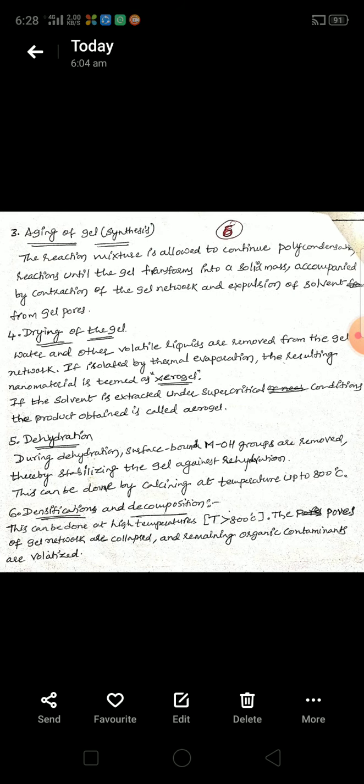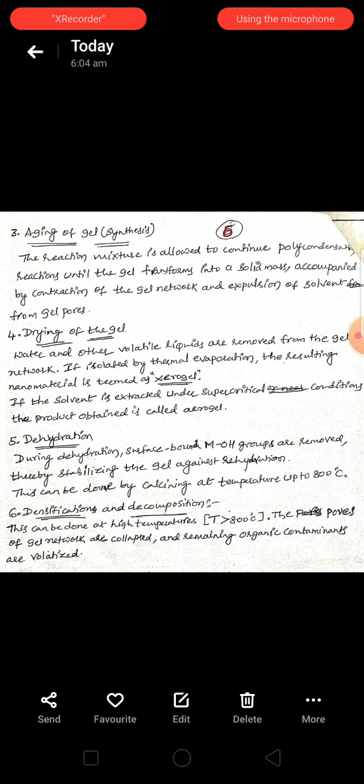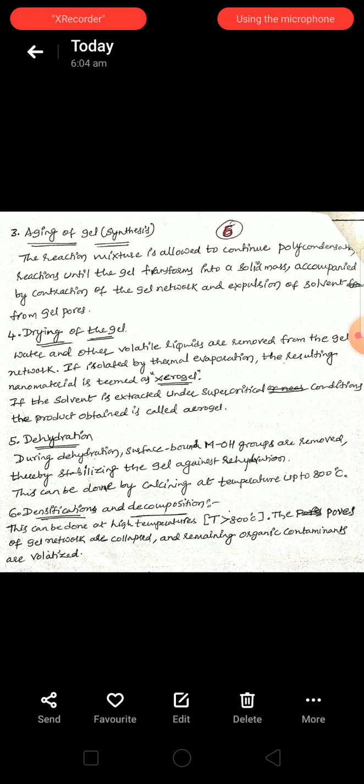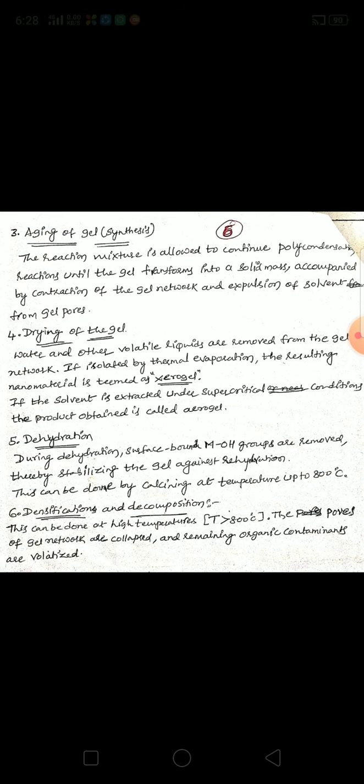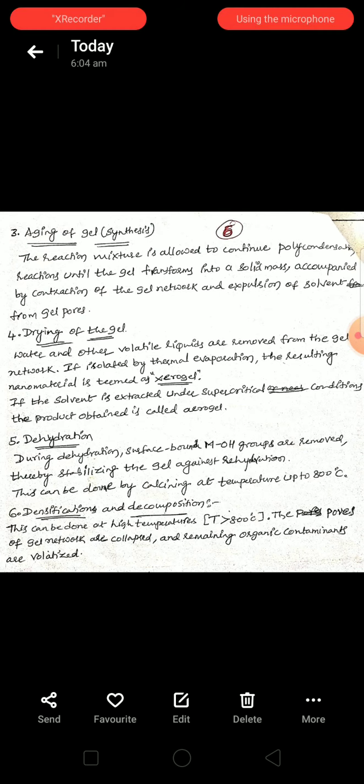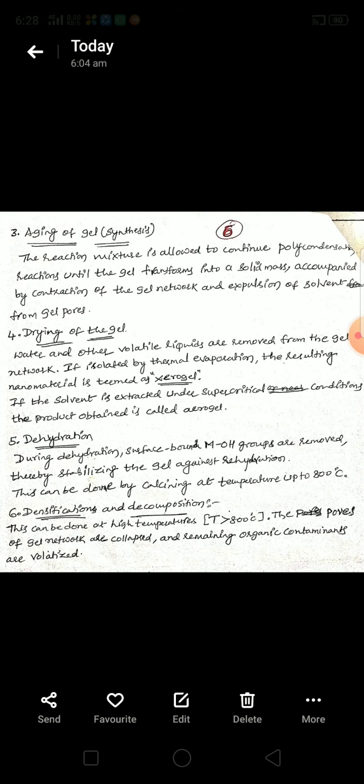Calcining means heating of the gel up to 800 degrees centigrade. If any MOH groups are there, those can be removed by heating that gel up to 800 degrees centigrade.